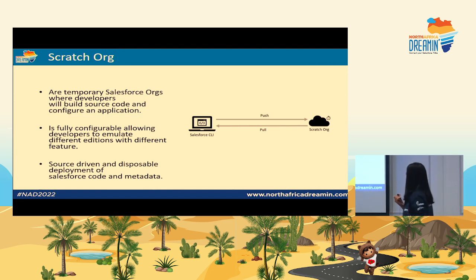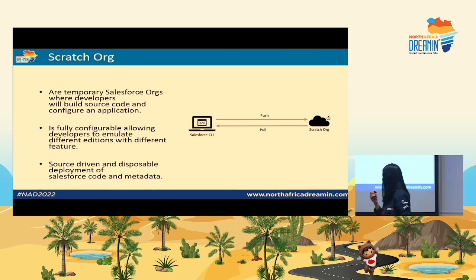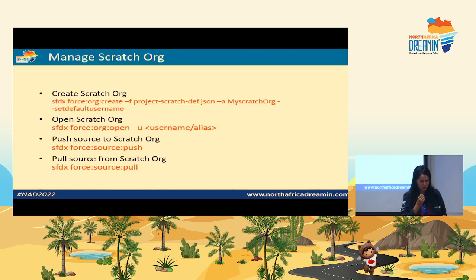However, it's still your own copy of the projects that you're working on, and you're not working on the same environment or sandbox as the other developers. So we call that a Scratch org, that you can manipulate using different commands. Those are examples of commands that you could use to create a Scratch org, push your source code to the Scratch org, or just pull a version from it.